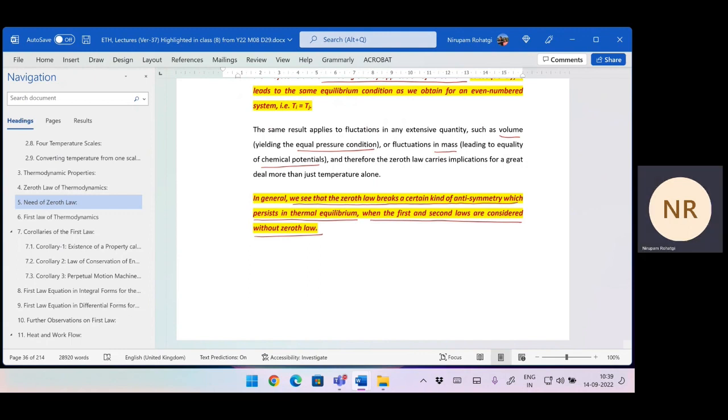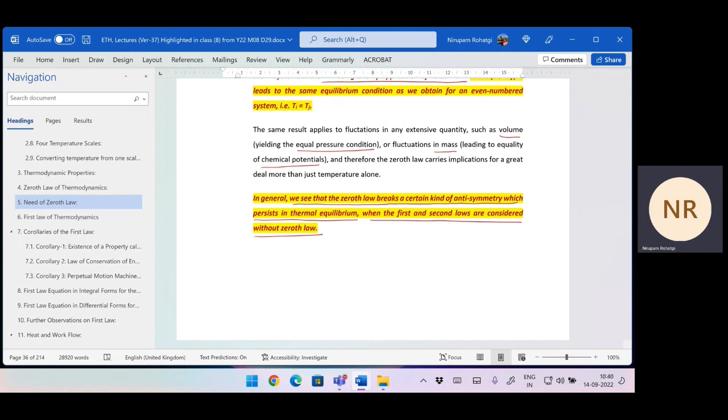So that is why everybody puts it in the background, although it is very fundamental, because nowhere else will you be using it. It is only to set this anomaly right that the zeroth law is used. Otherwise, nowhere do you need to apply this.